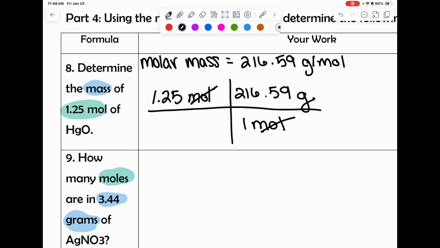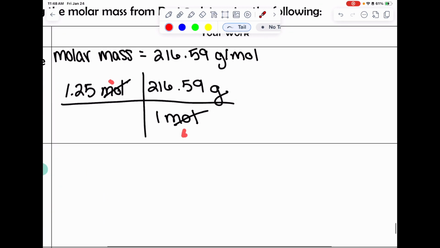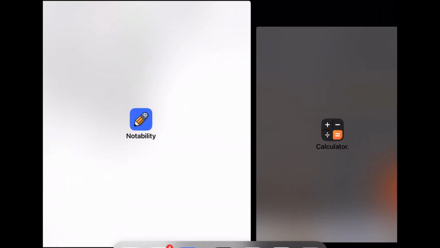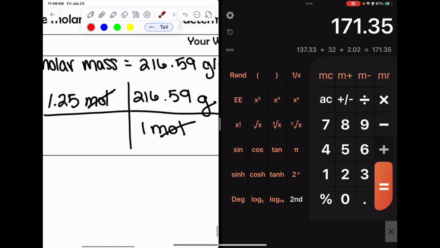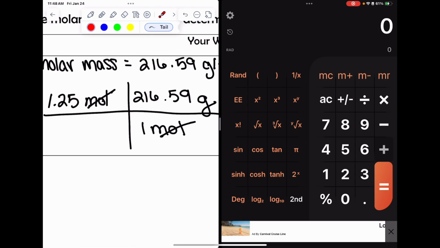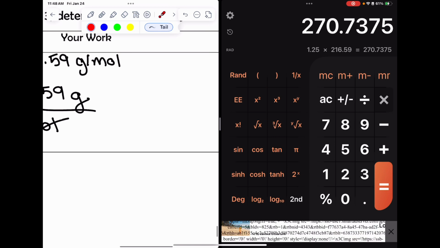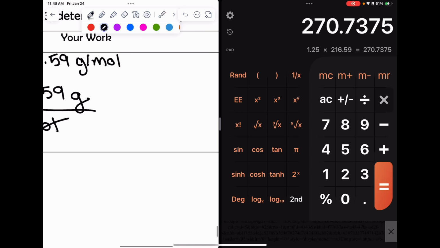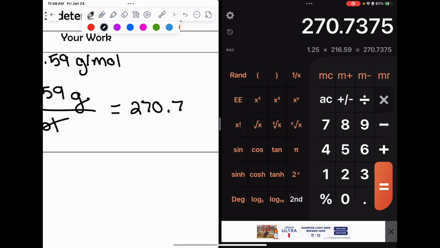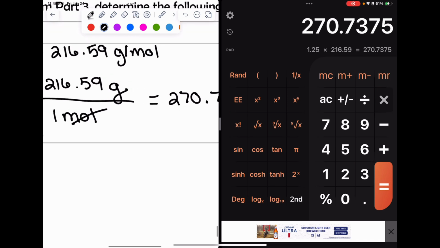Here, moles will end up canceling from the top and the bottom because it's the same. And we can go ahead and multiply what we have on top together. All right, we have 1.25 times 216.59. And we get this really long number. This long number, let's round it to 2 decimal places. 270.74 grams.